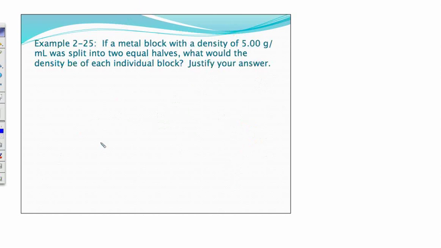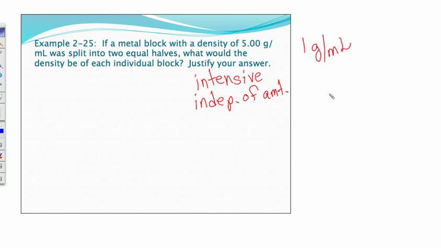Now, density is an intensive property. We talked about intensive physical properties before. So an intensive physical property is independent of amount. I think you think of this with water, because if I asked you what the density of water is, many of you could come up with the value 1 gram per milliliter.